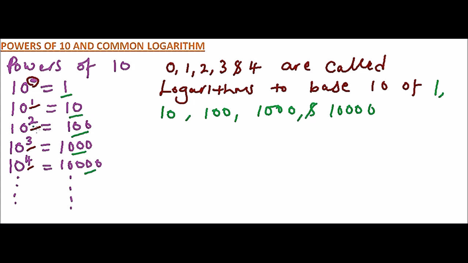Now note here that they are logarithms when the base is 10. As we have seen earlier, we can have different bases. Then the logarithm will be of that particular base.